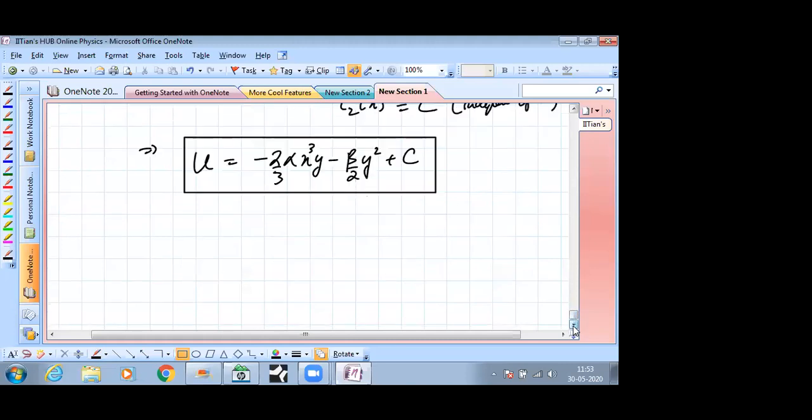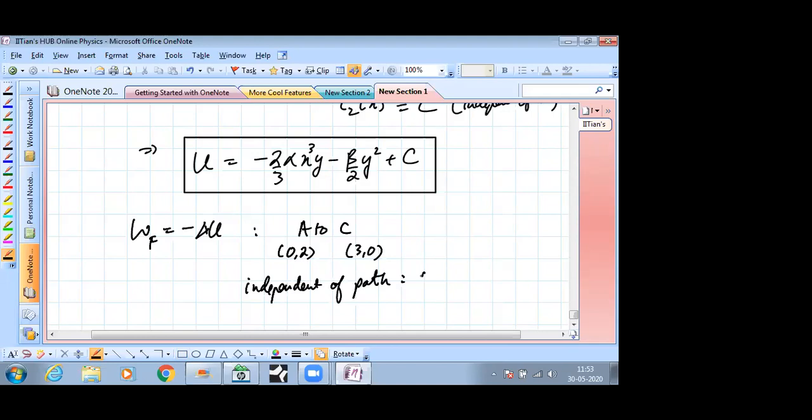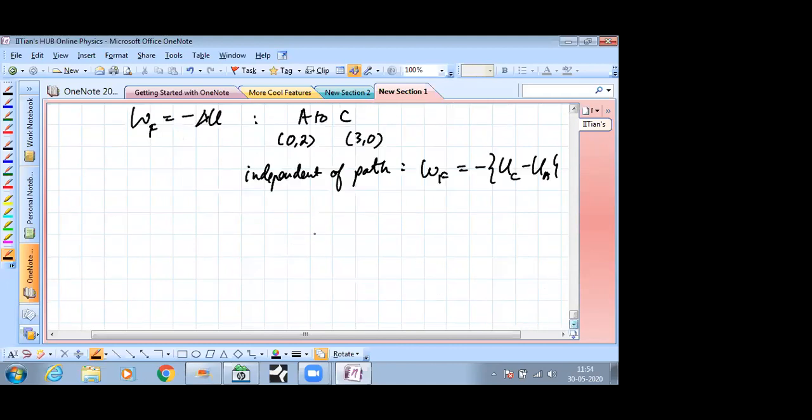And now you can see that work done by F will be negative of delta U. So A to C was the point 0, 2, right? And C was the point 3, 0. So independent of path, work done by F will be minus of potential energy at C minus potential energy at the initial point.